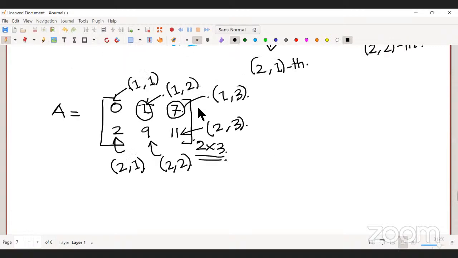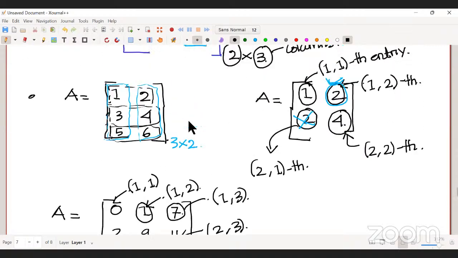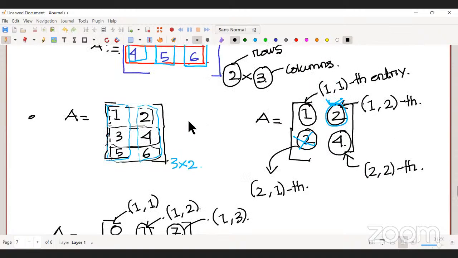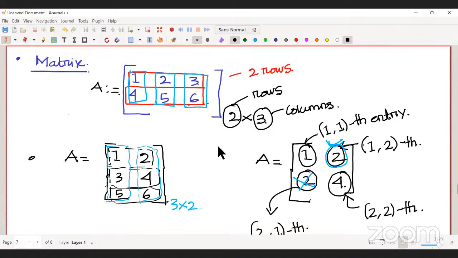Okay. So this is basically all about the matrix. The next thing is, there are some special types of matrix. If you see this matrix here, the number of columns and number of rows are different.